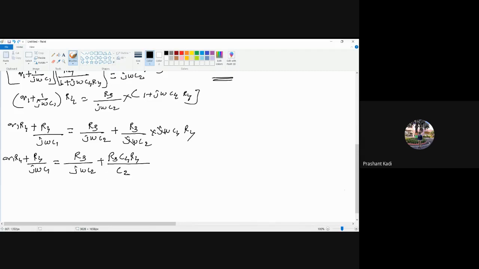Okay, it's C2. And now separate the real and the imaginary terms.